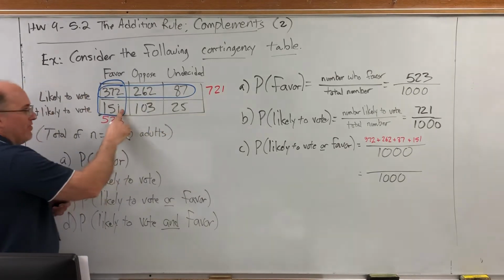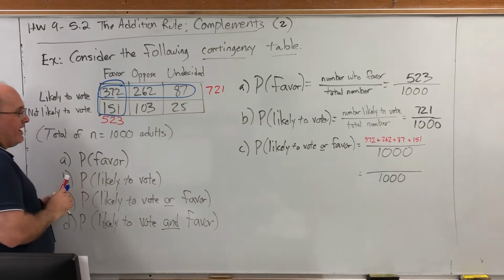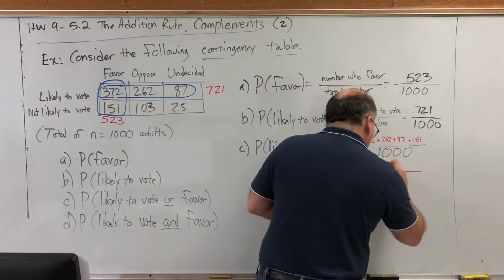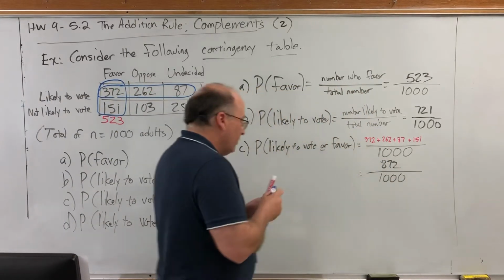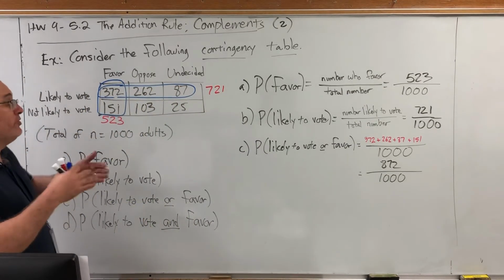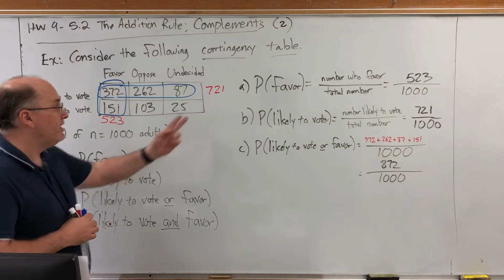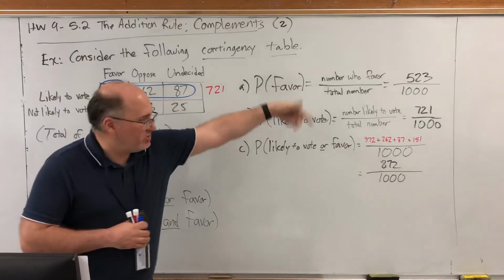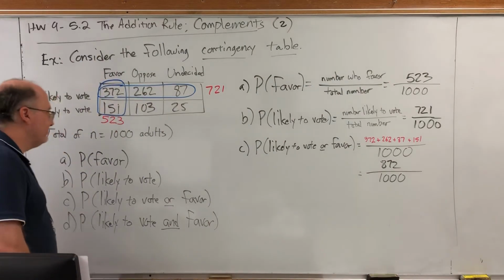So I just had to add the 151 to it, and it looks like it's going to be 872. So to find the OR probability, or to find the numerator for the OR probability, we couldn't just add these two numbers. It would have been nice, then we would have just added the previous two answers over there.